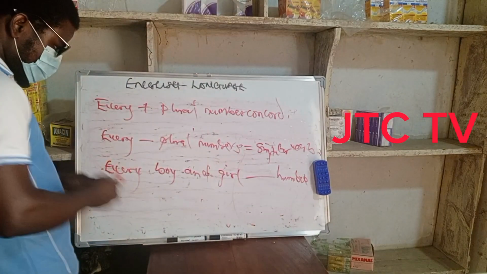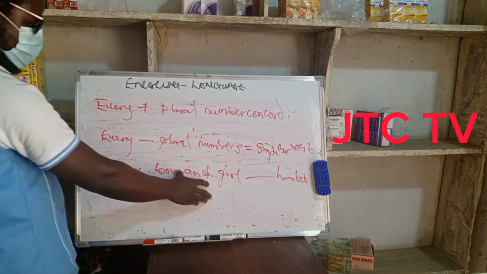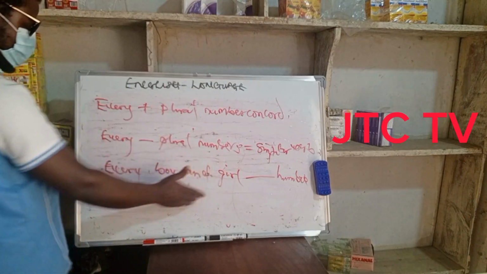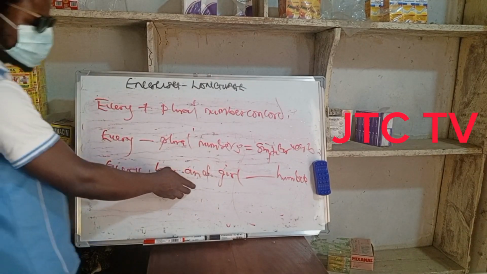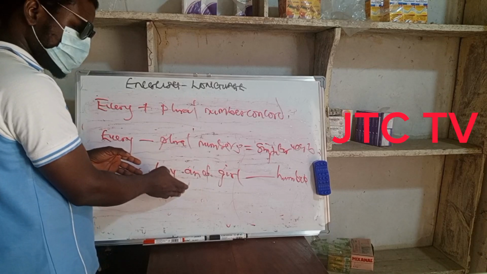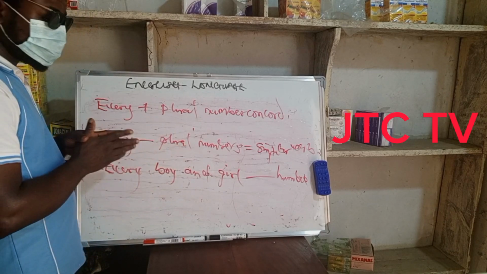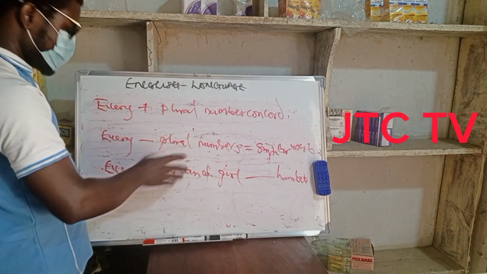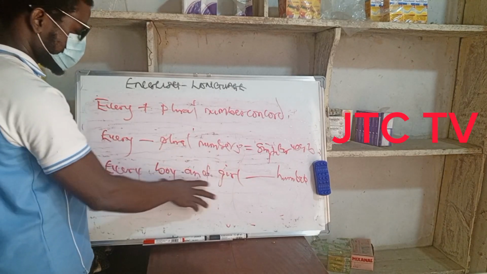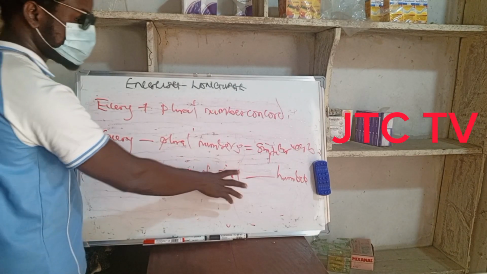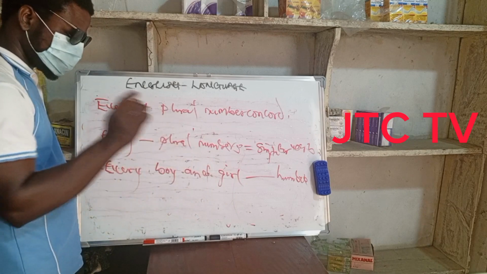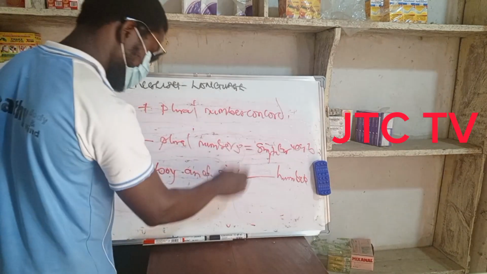Okay, so this is and joining two subjects together, and every precedes it. So what the concord is telling you is this: because every precedes these two subjects joined together with and, the verb to be used is singular.